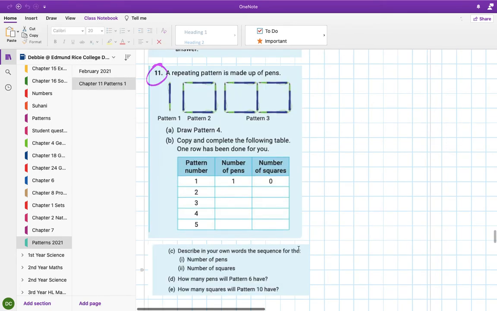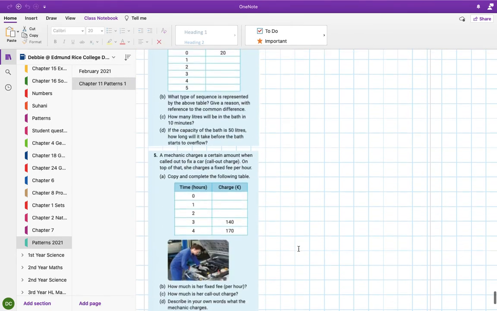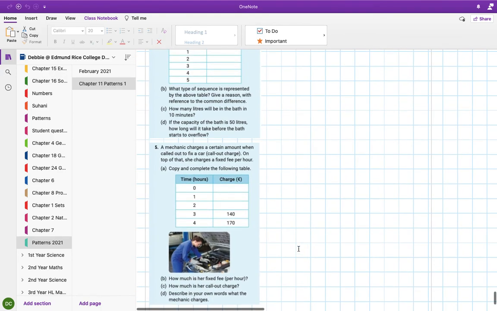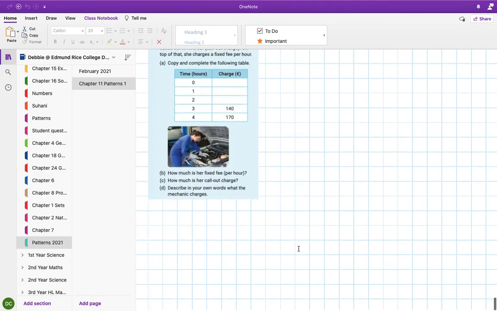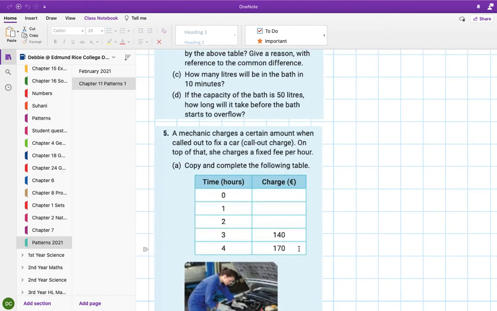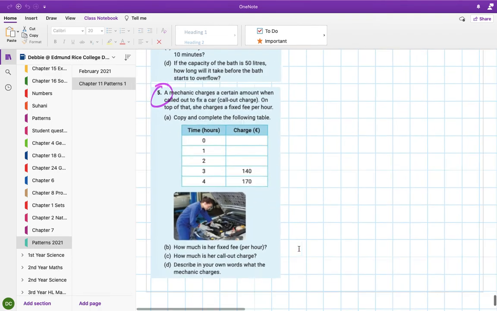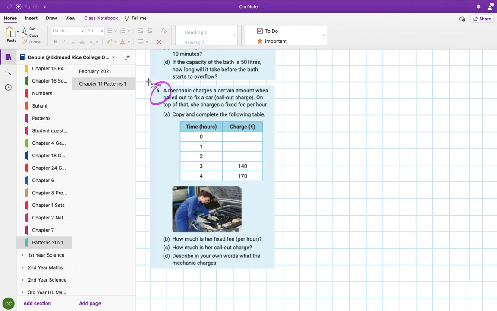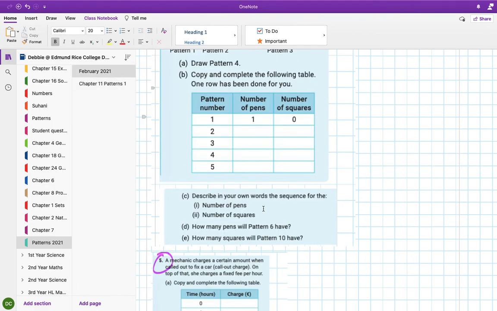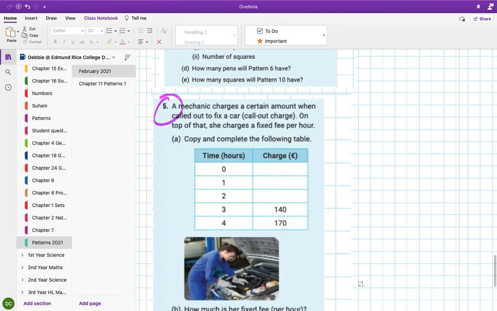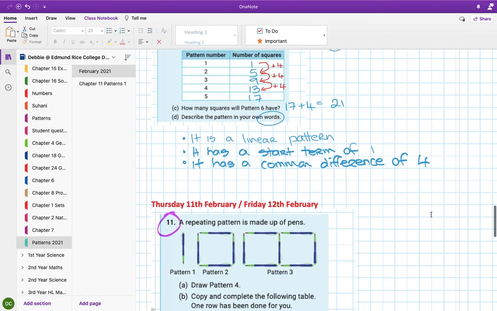It's 11, and then I also down here, which one did I like? Oh, it was that one actually, it was the mechanic. So the mechanic. Question 5. So we'll zoom out on the mechanic. Okay, so those 2 questions, please. Due for Monday.